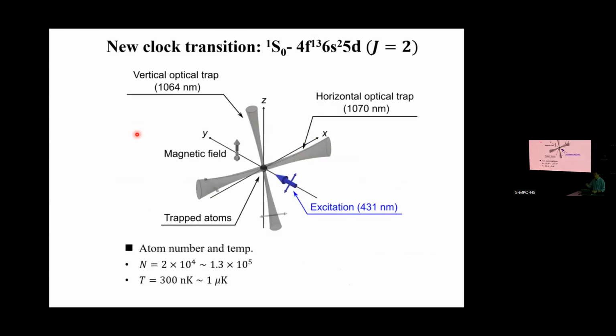For this search, we used an evaporatively cooled sample of ytterbium atoms in a crossed dipole trap, and we irradiated frequency-stabilized laser light at this wavelength, and we observed the loss of the atoms in the ground state due to the resonant excitation.